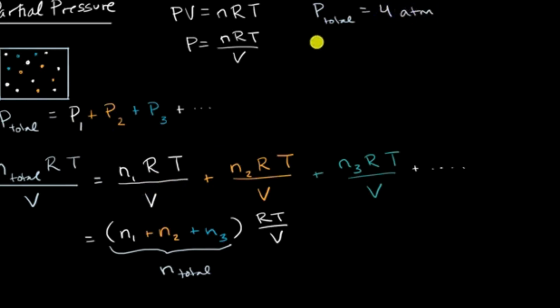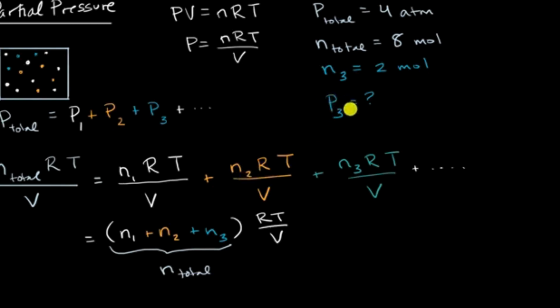And let's say we know that the total number of moles in the container is equal to 8 moles. And let's say we know that the number of moles of gas 3 is equal to 2 moles. Can we use this information to figure out what is going to be the partial pressure due to gas 3? Pause this video and try to think about that.